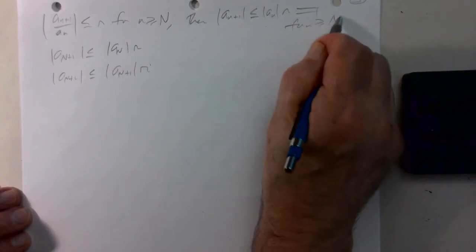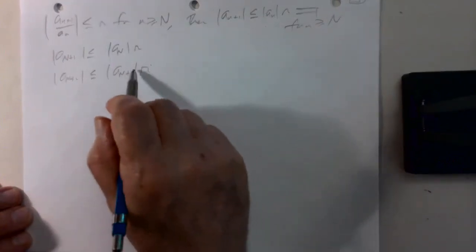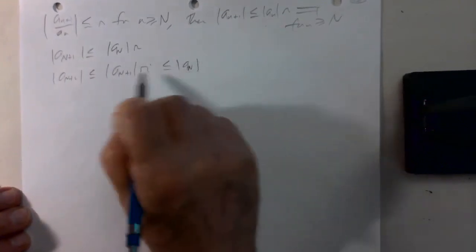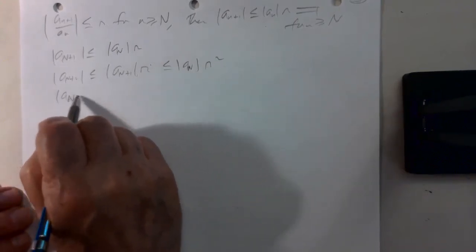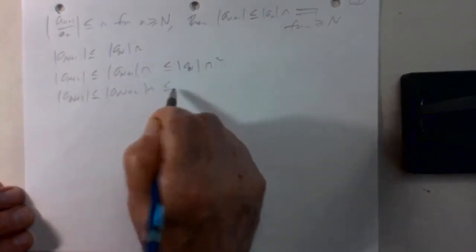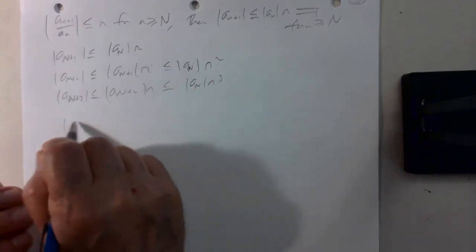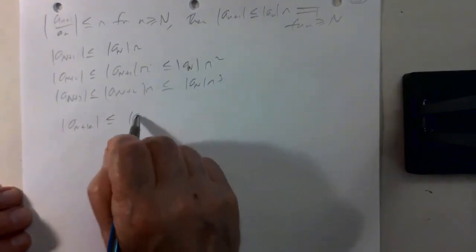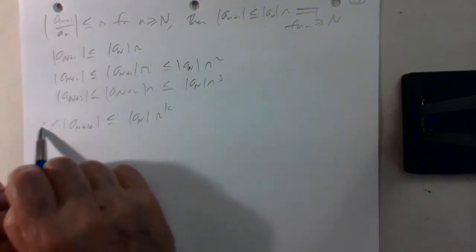So an plus 2 is less than an plus 1 times r, but an plus 1 is less than an times r, which makes that r squared. And an plus 3 is less than or equal to an plus 2 times r, which is less than or equal to an r cubed. And in general, an plus k is going to be less than or equal to an r to the k, for k greater than or equal to 0.